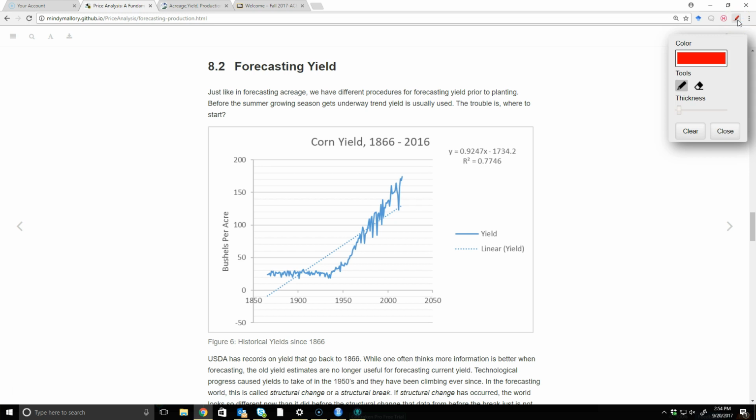In forecast speak, you would talk about a drastic change like that as a structural change or a structural break. And what that means is the environment has changed so much that you might as well throw away the old data and not use it for forecasting because it's just not going to be helpful to you anymore. And we'll see that that's really what we're going to end up doing.